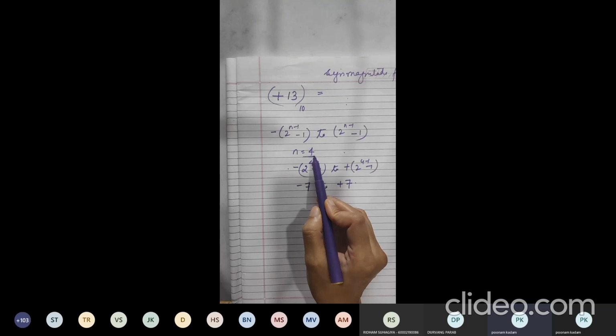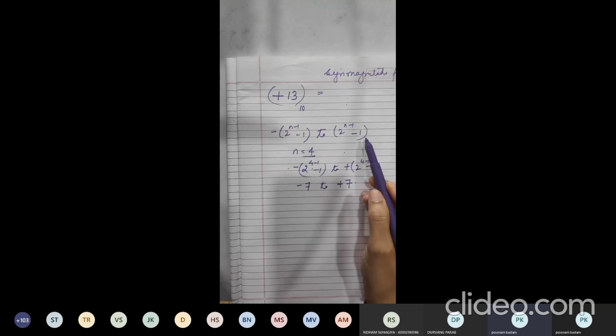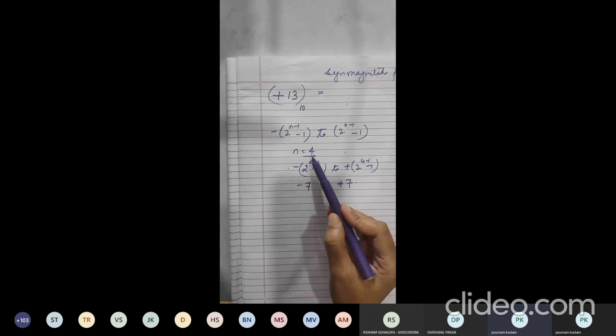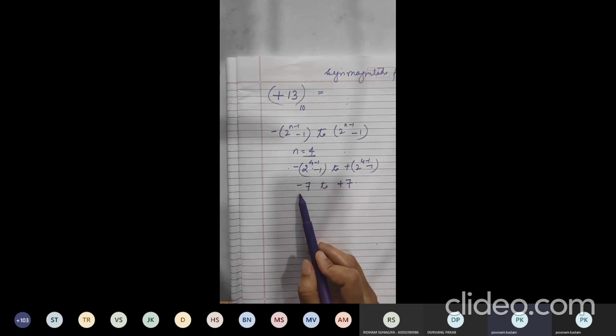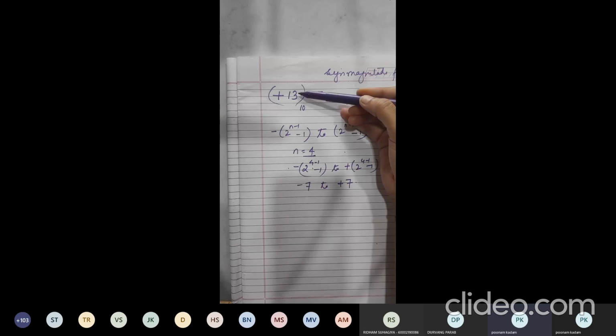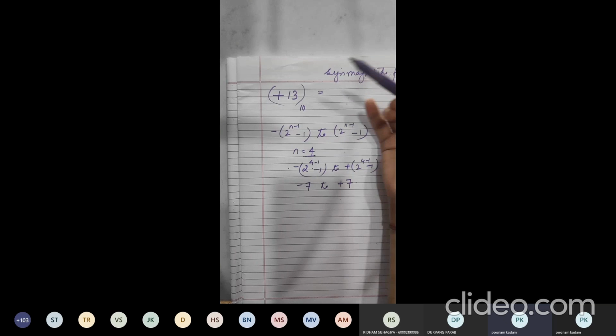You require at least 5 bits to represent plus 13. You can use more than 5 bits, but at least 5 are required because with 4 bits the range is only minus 7 to plus 7. So this doesn't fall under that range, so we require 5 bits.